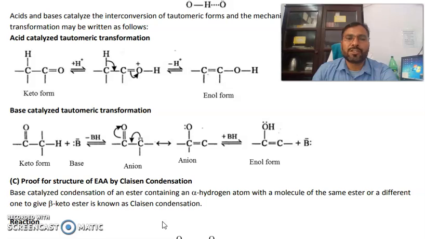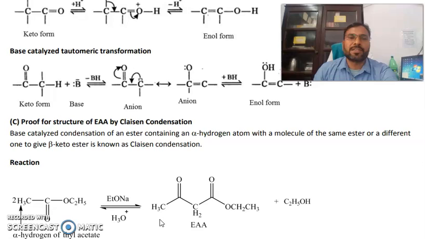Now, proof for the structure of ethyl acetoacetate by Claisen condensation. Base catalyzes the condensation of an ester containing an alpha hydrogen atom with a molecule of the same ester or a different one to obtain a beta-ketoester, known as Claisen condensation. So, from two molecules of ethyl acetate, through the alpha hydrogen, it gives the ethyl acetoacetate product.